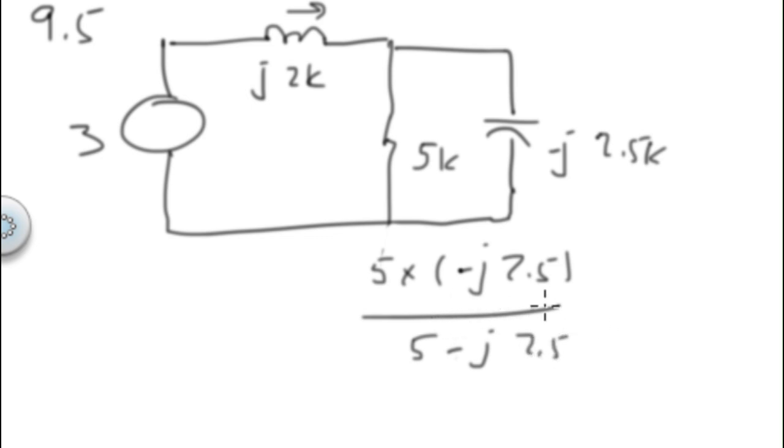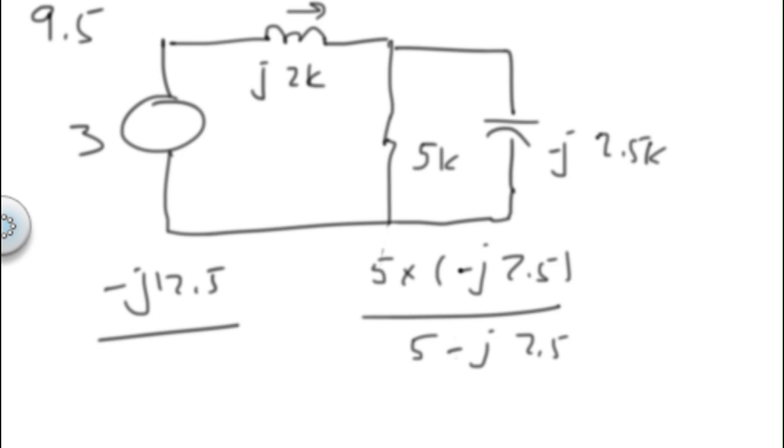You combine these two, and then you find the I through the whole thing. 5 times 2.5 is equal to 12.5, so it's minus J 12.5 over, and this is in K, over 5 R to P 2.5 with a minus sign in front of it.